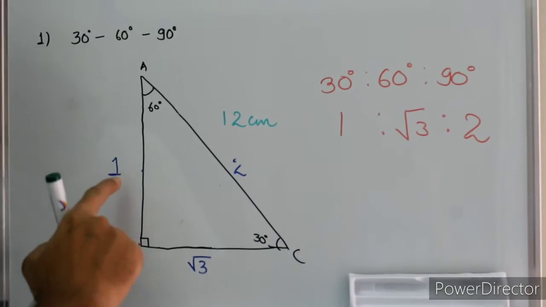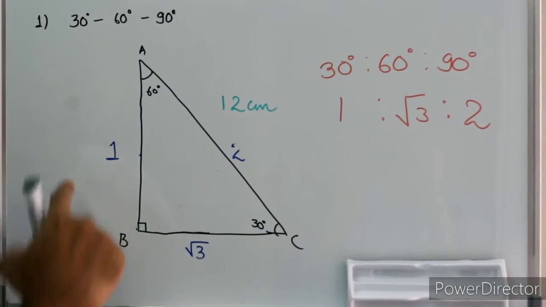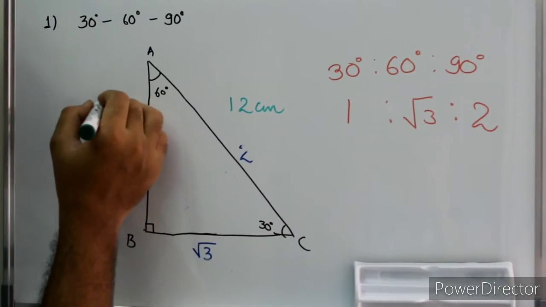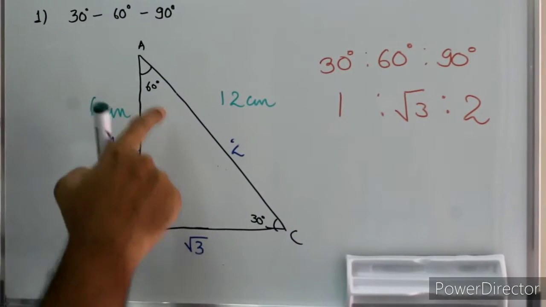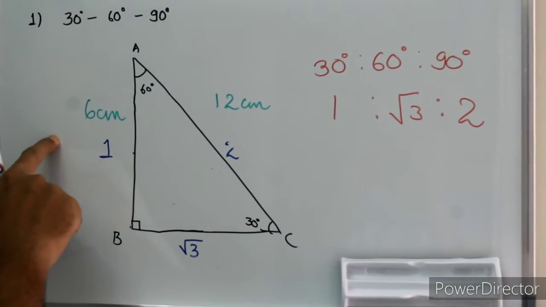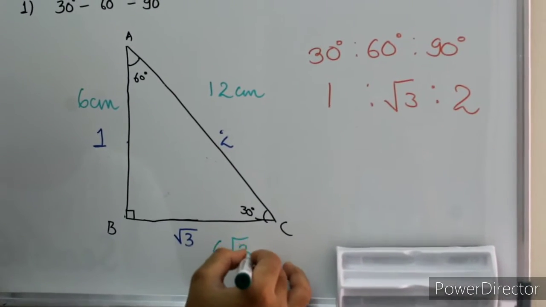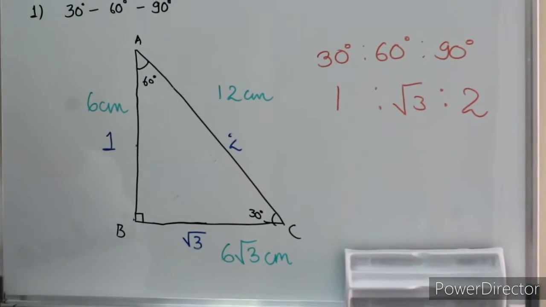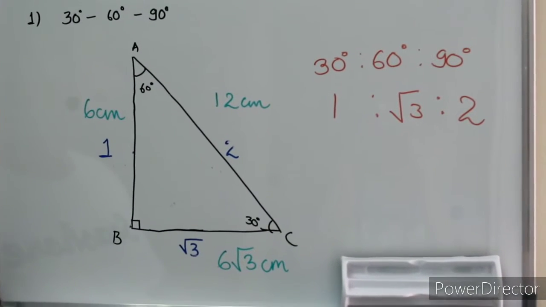We know that the side opposite to 90 is twice the side opposite to 30. So it means 30 will be what? Yes, you are right. 30 is 6 centimeter. And the side opposite to 60 is what? Root 3 times the side opposite to 30. So that will be 6 root 3. See, guys, this is so easy. You all can do it, right? Okay. So this is for the 30, 60, 90 triangle.